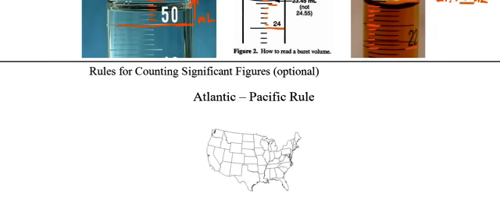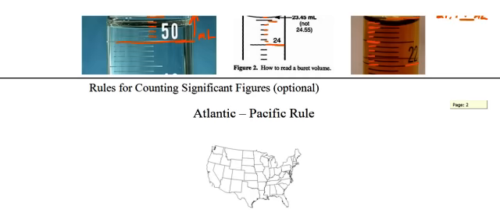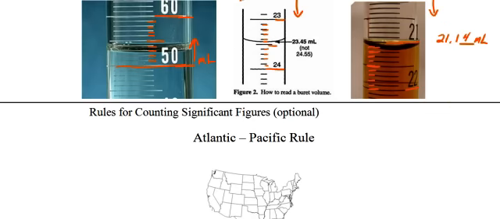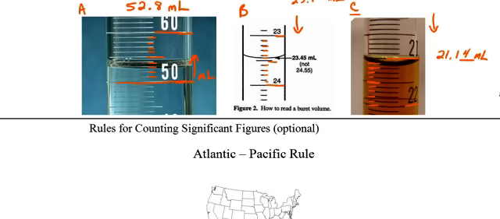Because there is an inherent error when taking measurements because you have to estimate that last digit, you can only report certain numbers. For example, if I scroll back up, since this burette at letter C, the last one that we did here, since you can only estimate this to the hundredths place, I cannot report this as 21.14000000 milliliters.